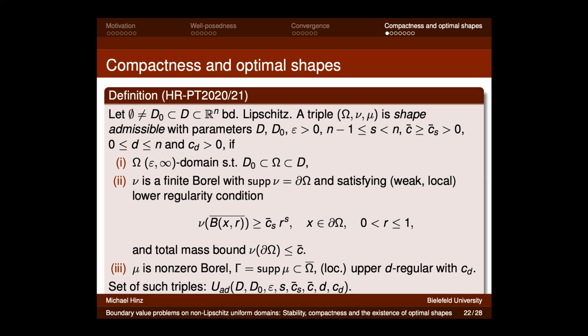It has bounded total mass, uniformly bounded by such a constant. If all these parameters are fixed, so the confinement, the domain which is contained, the epsilon for the epsilon-infinity condition, the scaling exponent and the constant for the measure nu, the total mass for the measure nu, and the exponent and the constant for the measure mu, then we say this triple is inside this parameterized class U-admissible.